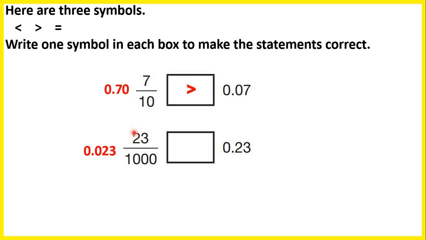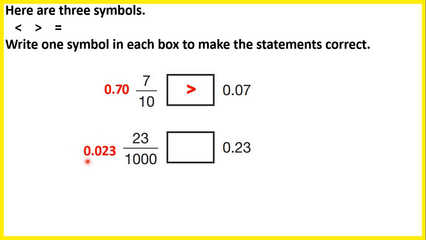But because we have 23 and we can only have 1 digit in each place value, the 2 gets pushed over into our hundredths place. So remember, if we can't fit more than 1 digit in a place value, digits get pushed to the left.